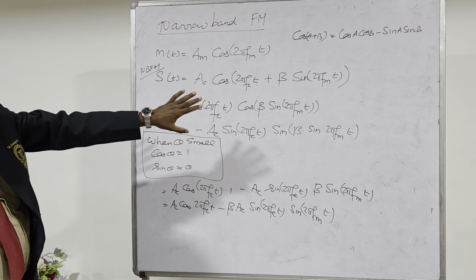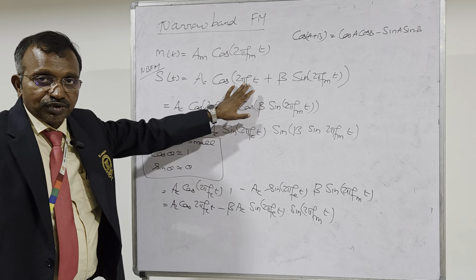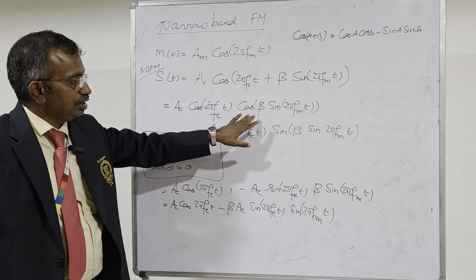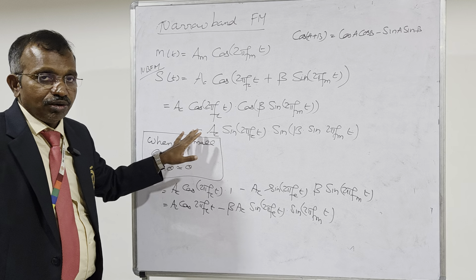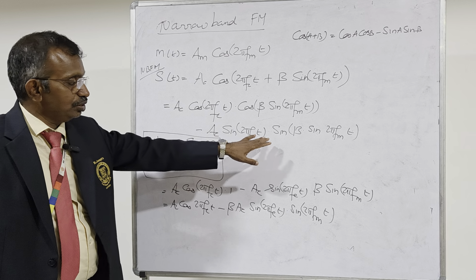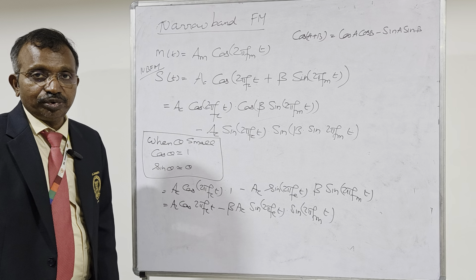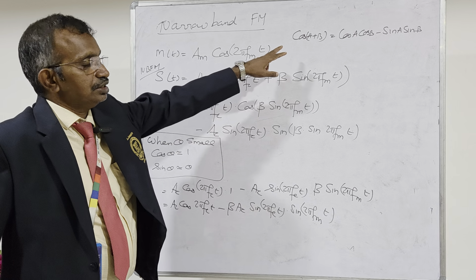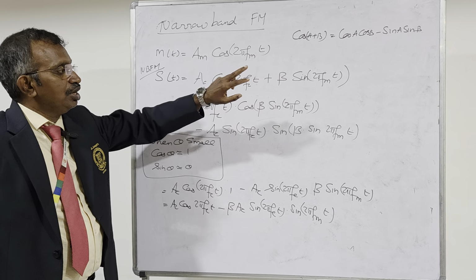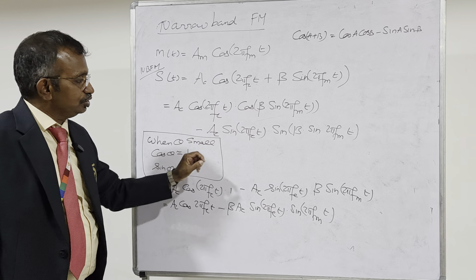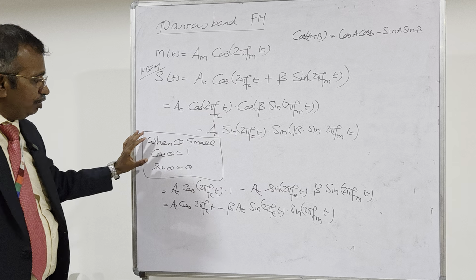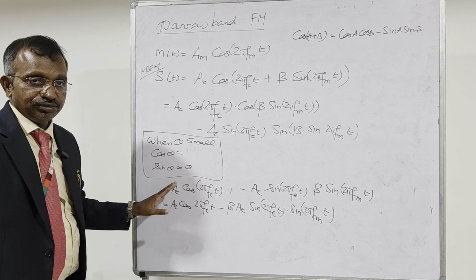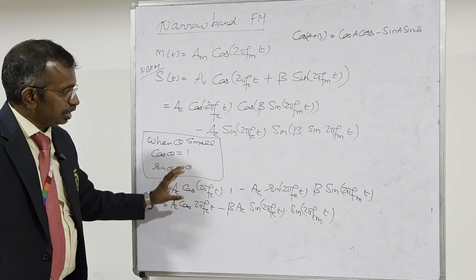Here I am expanding this, which is of the form cos(A+B), using the trigonometric relation cos(A+B) = cos A cos B minus sin A sin B. When theta is small, cos theta becomes 1 and sin theta becomes theta. So using this, I am simplifying this into this form.